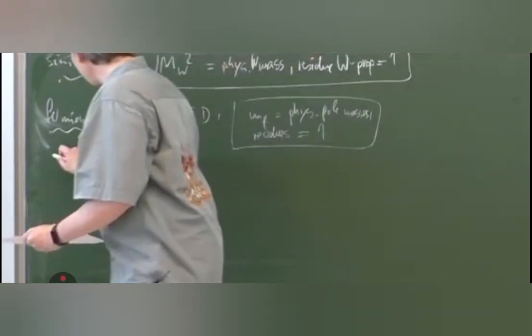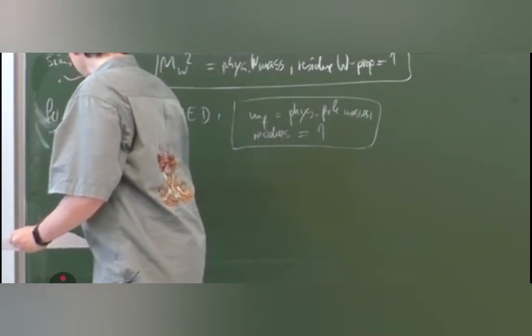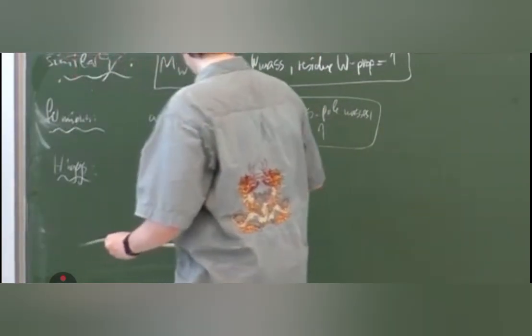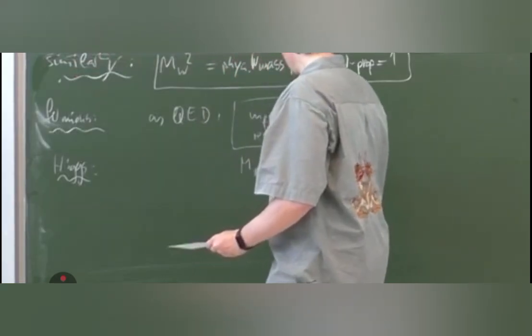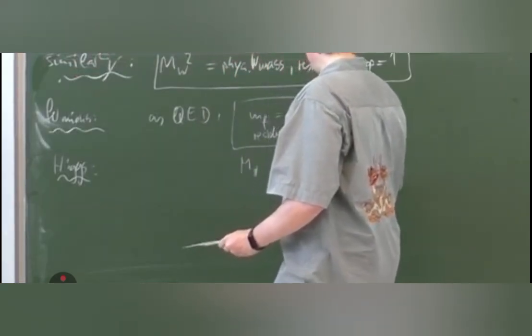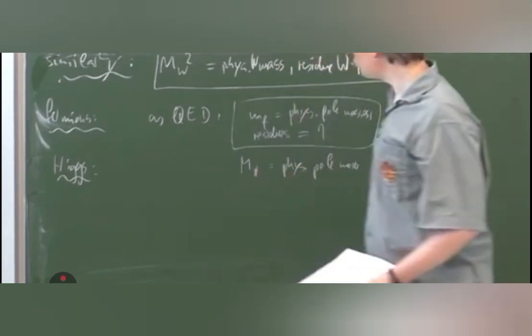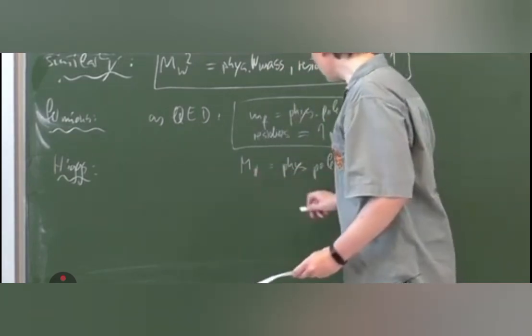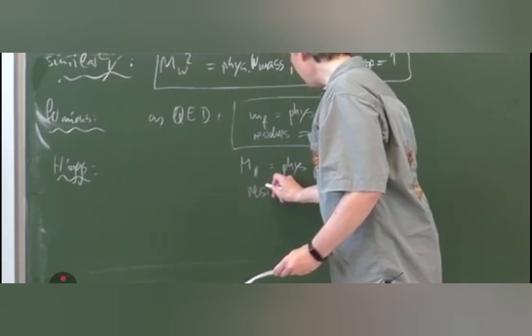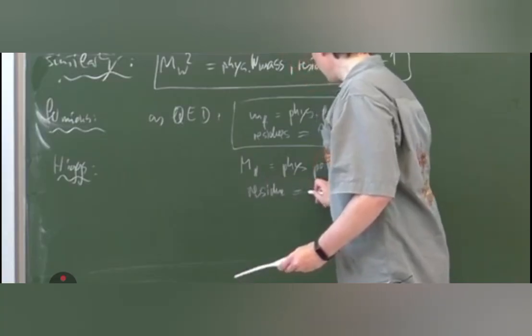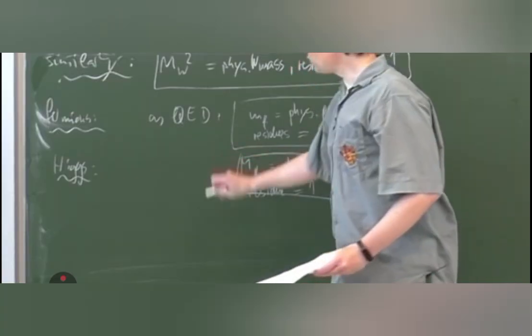And similarly also for the Higgs sector, for the physical Higgs, MH is the physical pole mass of the Higgs boson, such that the Higgs 2-point function has a pole at MH squared, and the residue of the Higgs propagator is also equal to 1.